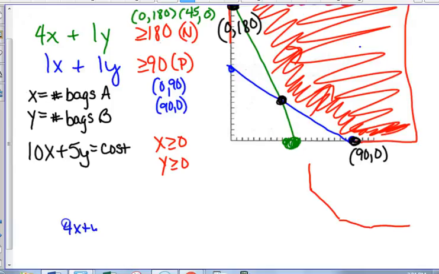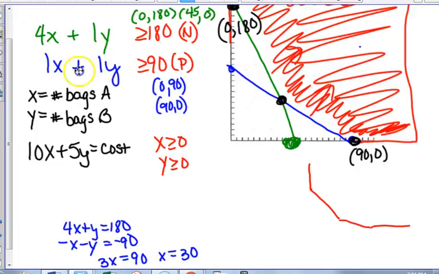It says 4x plus y equals 180. The other one I'm going to multiply through by a -1. If I add them together, I get 3x equals 90, which makes x what? 30. And they had to add up to 90, it said right there. So y would have to be 60. So you can use a matrix, but 30, 60 algebraically was pretty easy for that one.